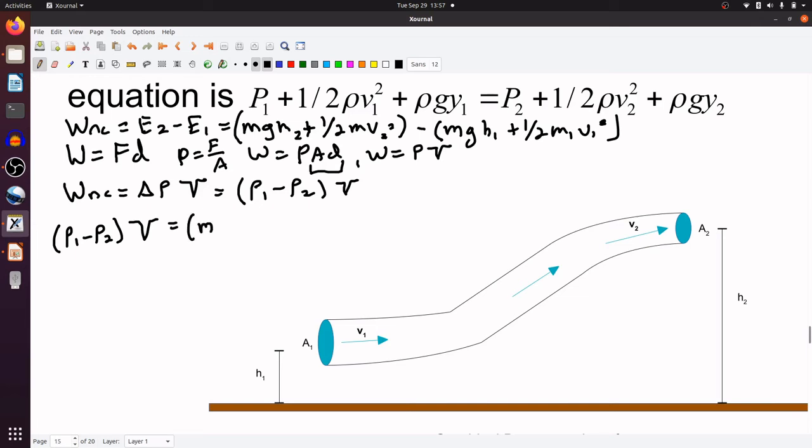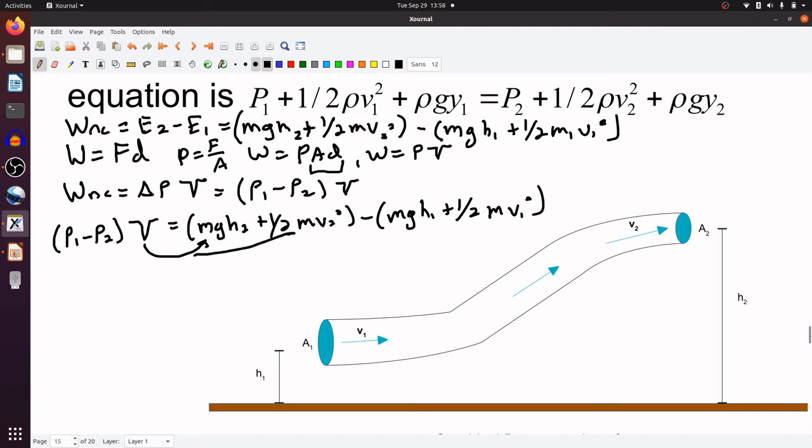fun times now, m g h2 plus 1/2 m v2 squared minus m g h1 plus 1/2 m v1 squared. Notice that I can simplify my volume if I divide it into each of the masses, because mass divided by volume is density.